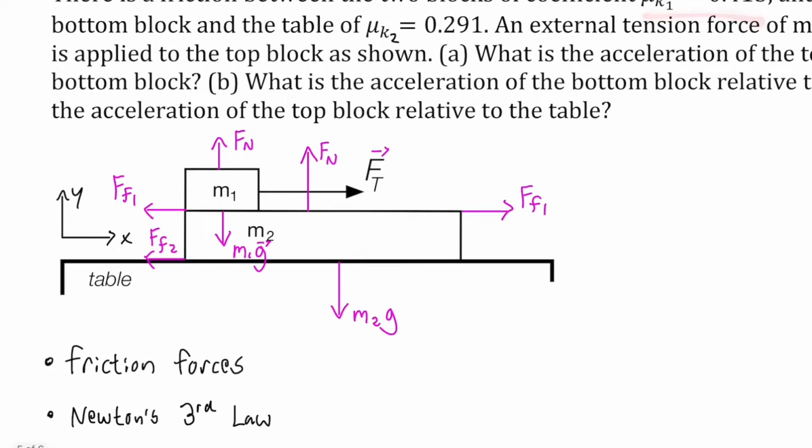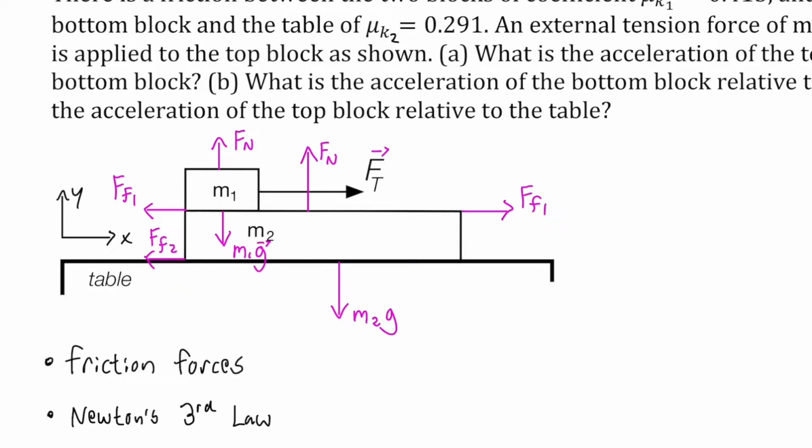However, in this case, since we have another free body, the block underneath block 1, well, that means that gravitational force needs to be further considered. It's actually pushing on block 2, right? Of course it is. And what that means is that it's an external force acting on block 2.